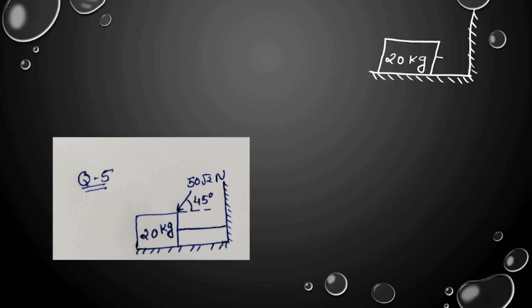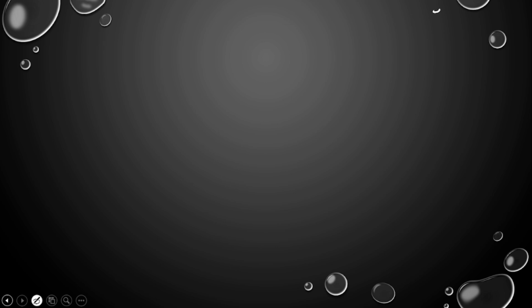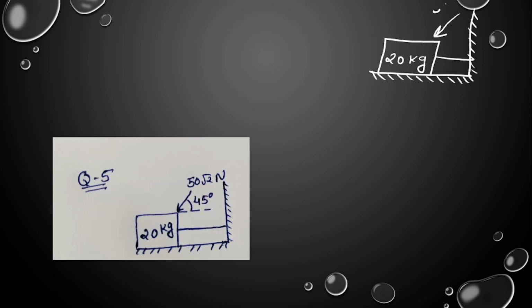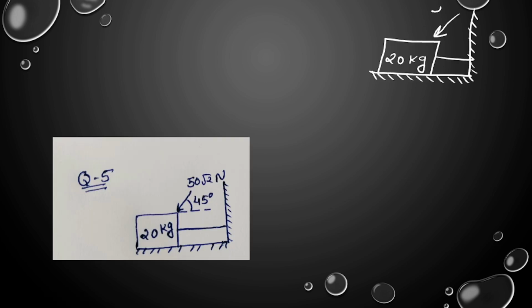Come on, this is a string and the force is acting in this direction and the magnitude of force is 50 root 2. Not like that. Follow my lead. 50 root 2 and the angle is 45 degrees.